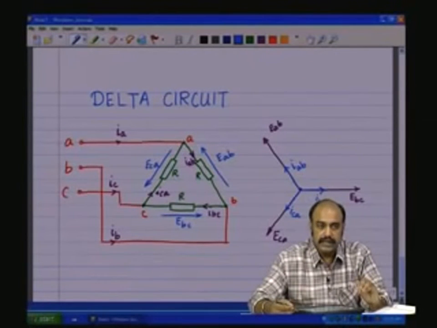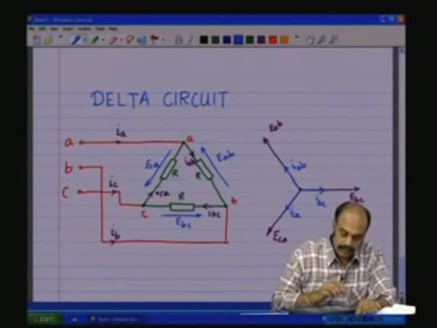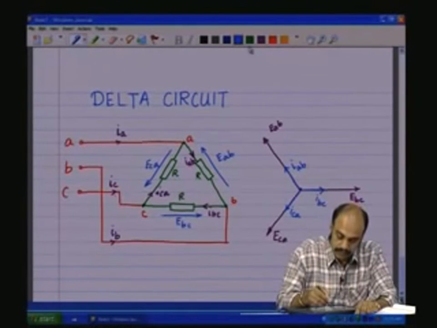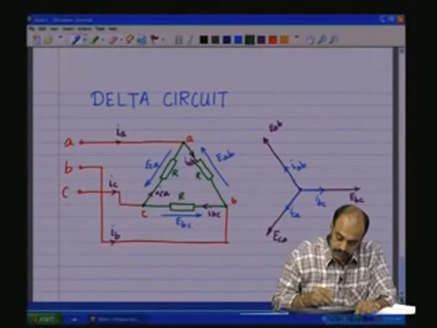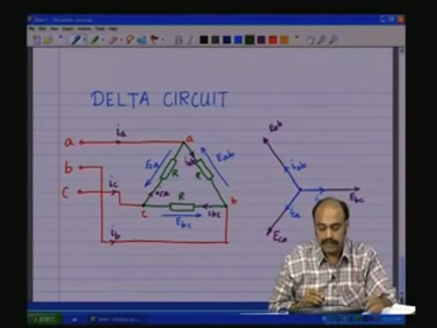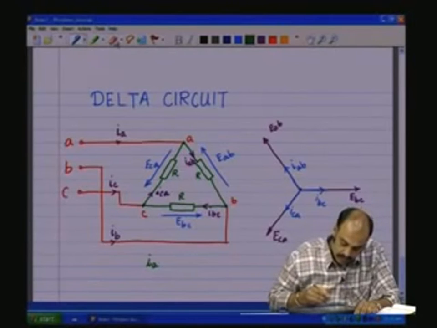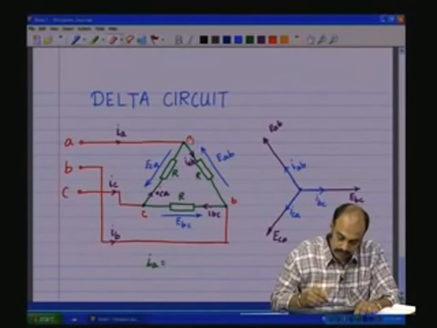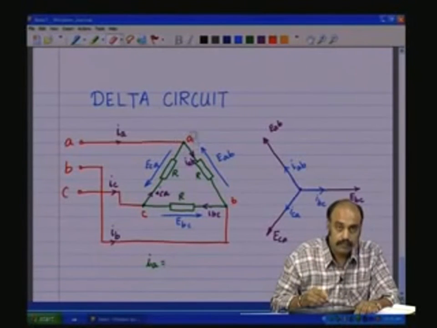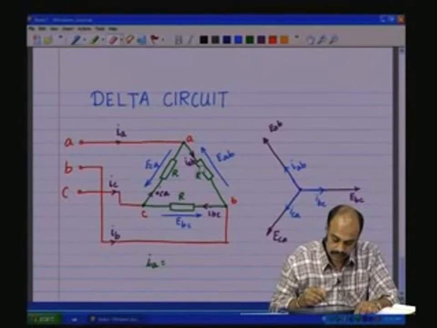Now, how do we relate the 3 phase currents with the line currents IA, IB, IC? So, now we apply Kirchhoff's current law. We look at this node here, IA is equal to the current which is going out here, which is IAB, minus the current which is coming through here, because they are now in 2 different directions.